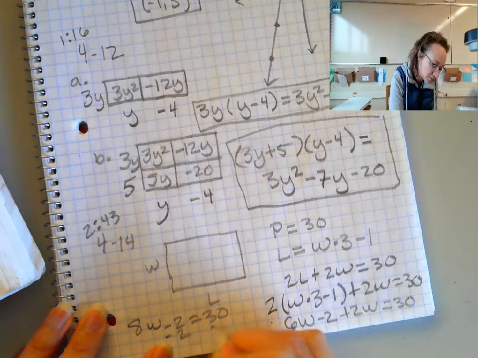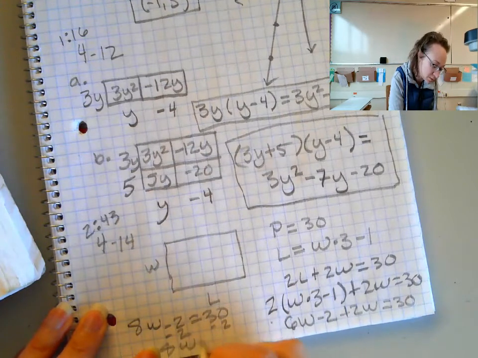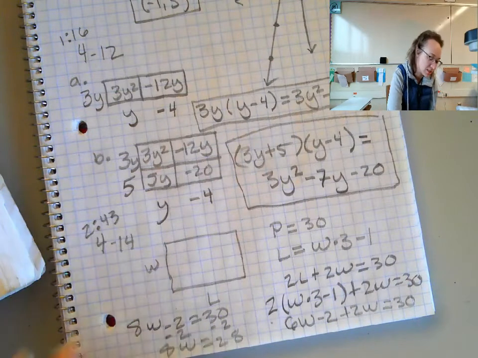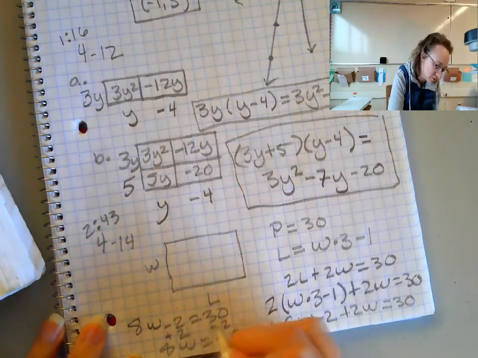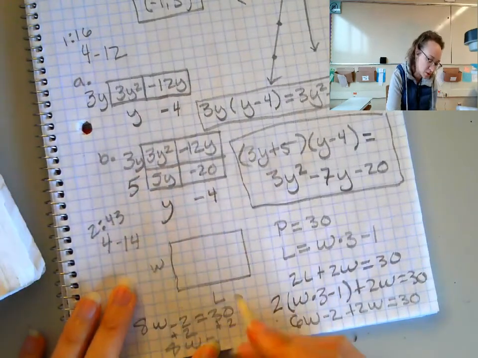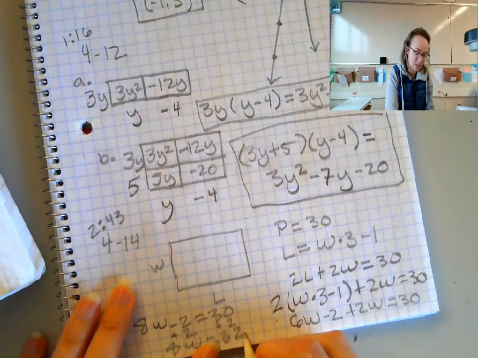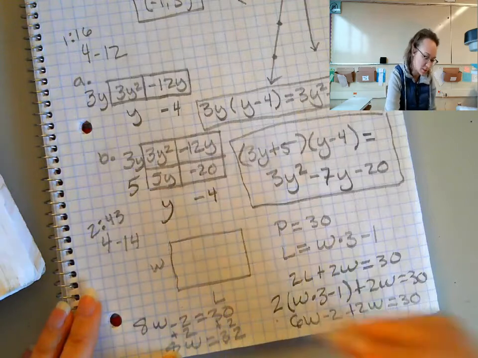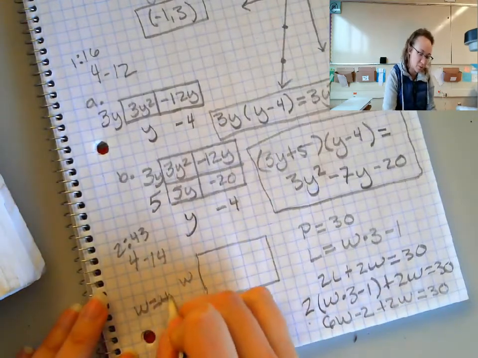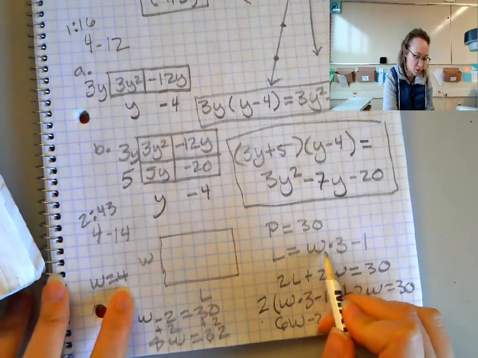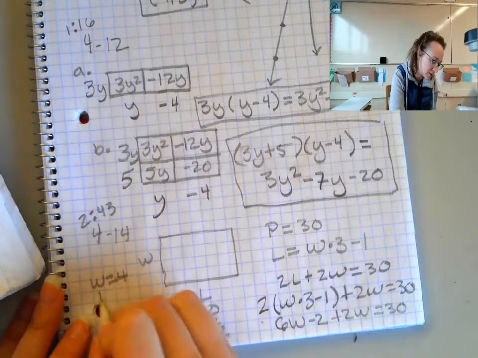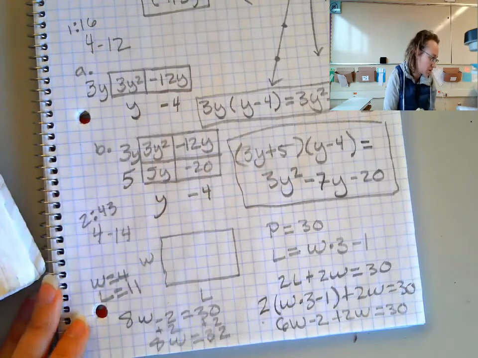I divide by 2. 8W equals 28. Just kidding, I need to add 2 here. So that gives me 32, which works out much nicer, because then I divide both by 8, and I get W equals 4. If I plug that back in over here, 4 times 3 is 12, minus 1 is 11. So length equals 11.